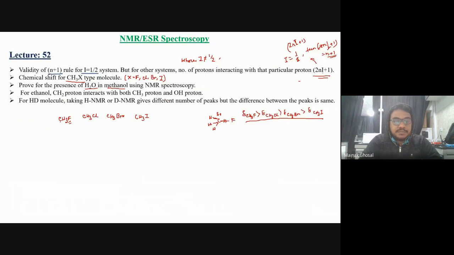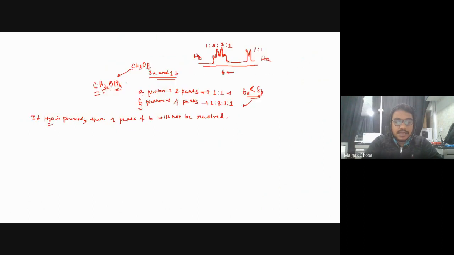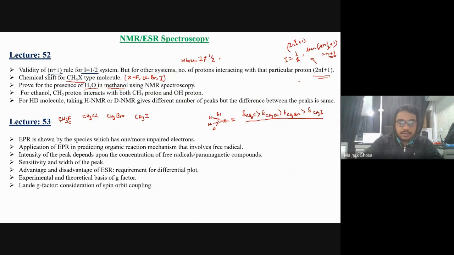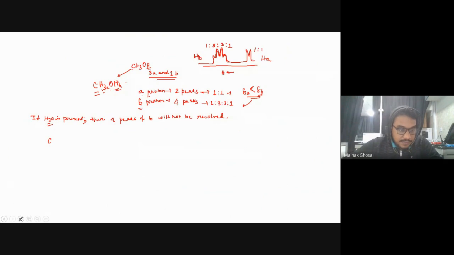And next, it was shown that for ethanol also CH2 proton interacts with both CH3 proton and OH proton. Now I'm going to the case of ethanol. So what is ethanol?